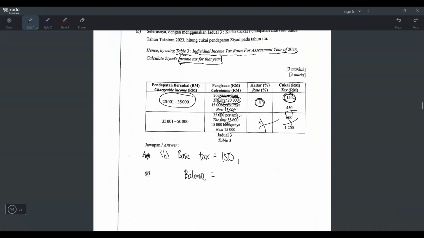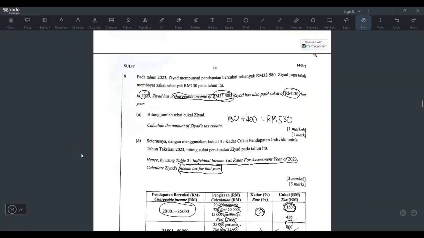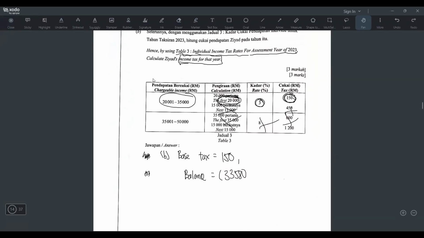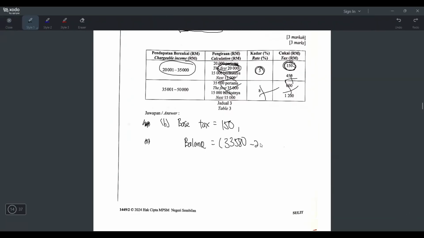Why you have to look at the 20,000 is because when you calculate the balance, you have to take the chargeable income, which is 33580, and then minus 20,000. That's why you have to learn how to read this from the table lah, because this is only for the first 20,000. After you minus, you have to times with the percentage, which is 3%.